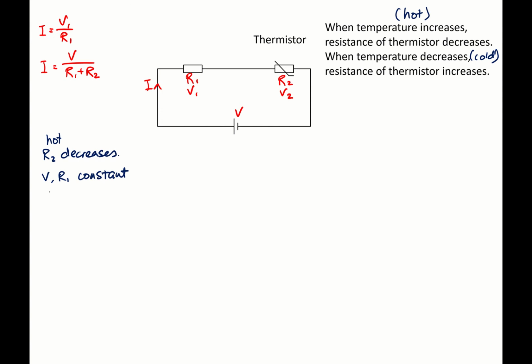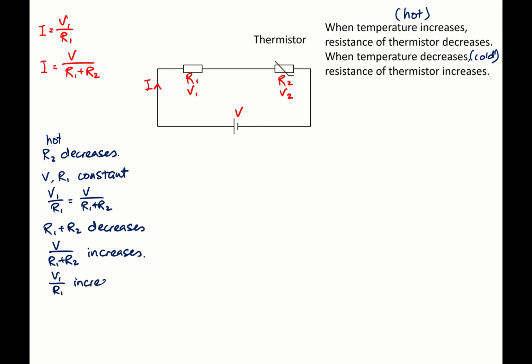So from the equation, V1 over R1 equals V over R1 plus R2. When R2 decreases, that means R1 plus R2 also decreases. And since the denominator decreases, the fraction increases. Since V over R1 plus R2 increases, that means V1 over R1 also increases because they equal each other.